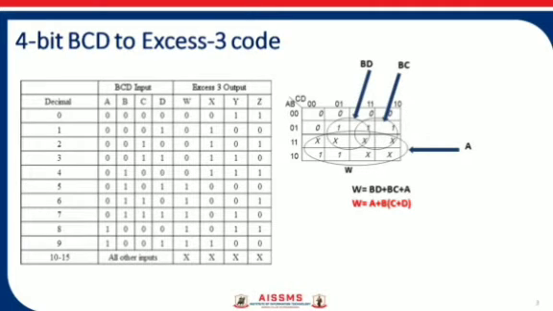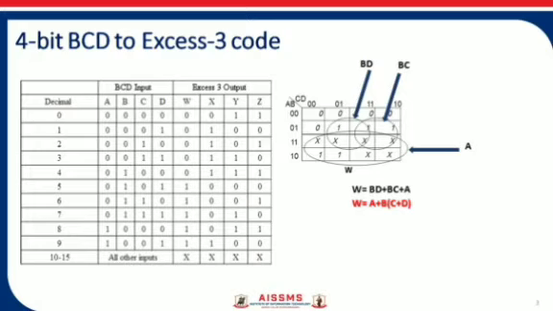Next, we'll move to the truth table of the BCD to XS3 code conversion. As we know, the BCD range starts from 0 and ends at 9. With a 4-bit representation, I can represent 0 to 15, that means a total of 16 numbers.